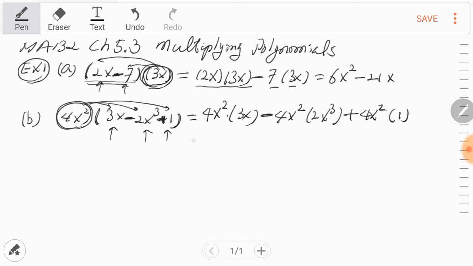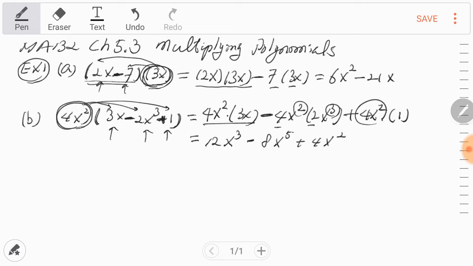So when we simplify this, the first term is 4 times 3 is 12, x squared times x is x cubed. Next, minus 4 times 2 is 8, x squared times x cubed is 2 plus 3, so x to the 5th power, plus 4x squared.